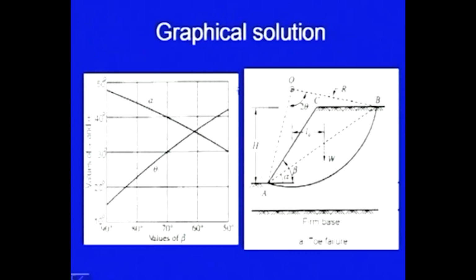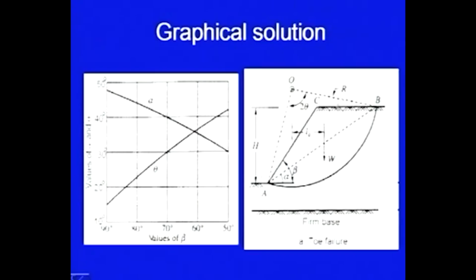So, here is the graphical solution which is available. This is the slope and the parameters of the slope as I discussed. This is the case of the toe failure. So, for the critical circle you can directly find out some parameters.